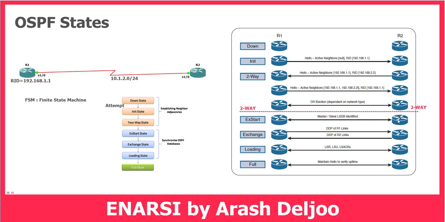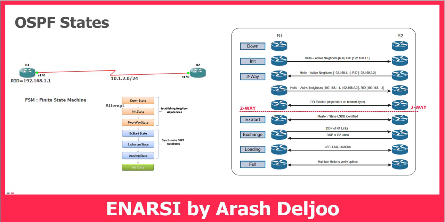For example, if router 2 has the higher router ID, router 2 will be master and router 1 will be a slave. According to the master and slave, we can identify which router should initiate sending the link states and which router should follow the link state exchange.